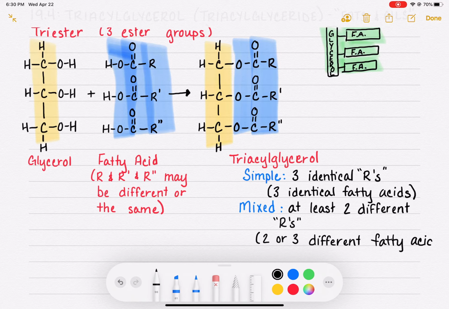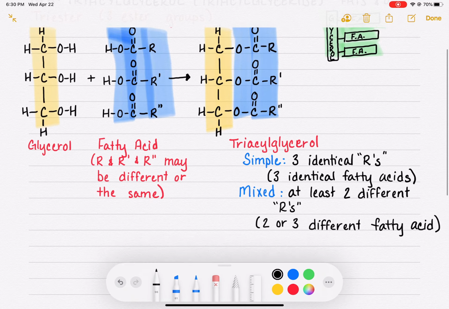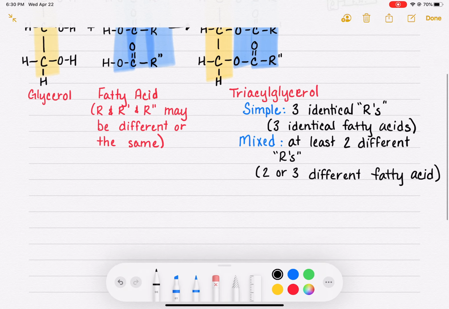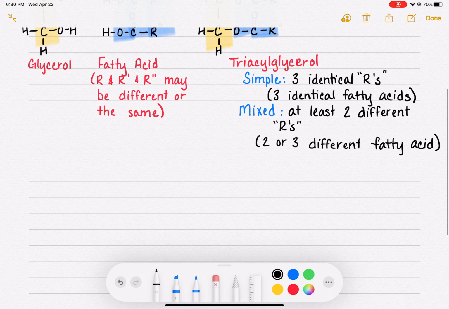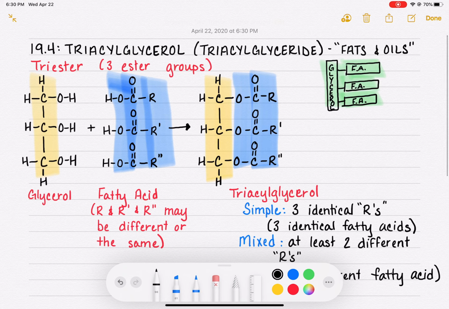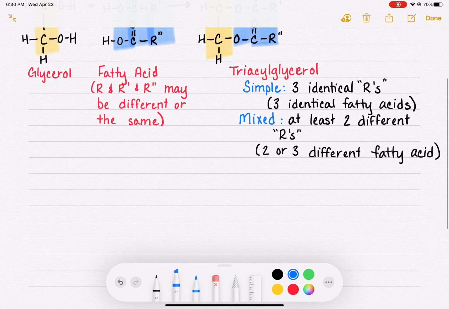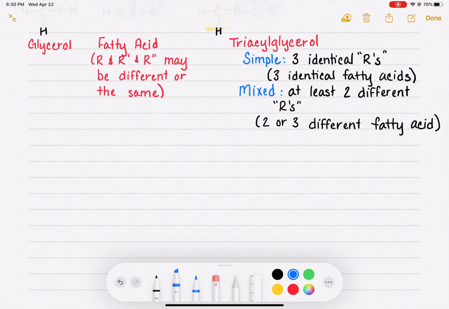Now, in everyday language, when we use the word fat and oil, they do mean 2 different things to us. Remember, triacylglycerol is just the fancy way of saying fat and oil. In the everyday world, when somebody says fat or somebody says oil, you kind of have an idea in your head of how fats and oils are not the same.